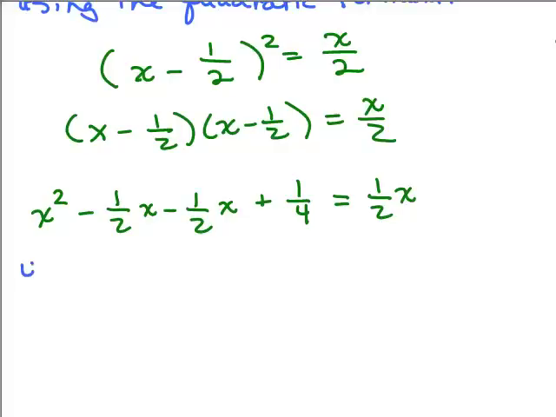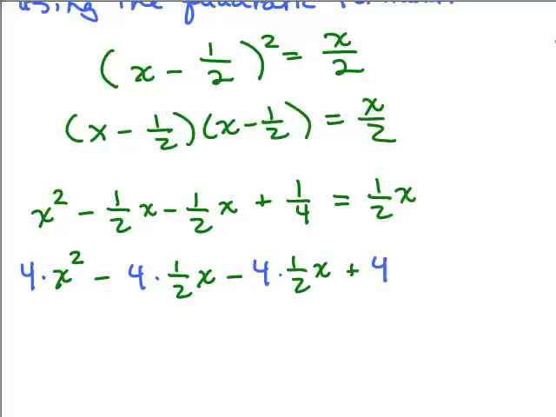So I have 4 times the x squared minus 4 times 1/2 x minus 4 times another 1/2 x plus 4 times 1/4 equals, and don't forget to multiply by 4 on the right hand side of the equation, 4 times 1/2 x.